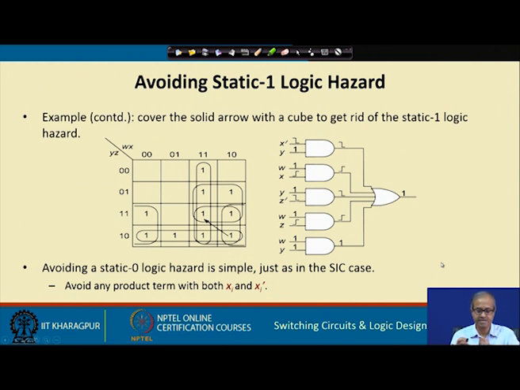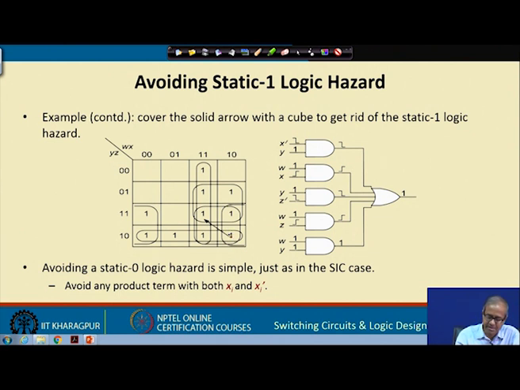So, how to avoid such a static 1 logic hazard? Here in this Karnaugh map it is represented by this arrow, this change. Both x and z are changing from 0 to 1. Just like the single input change case, you should avoid any product term that contains both xi and xi bar as inputs. This is the trivial case I told earlier.